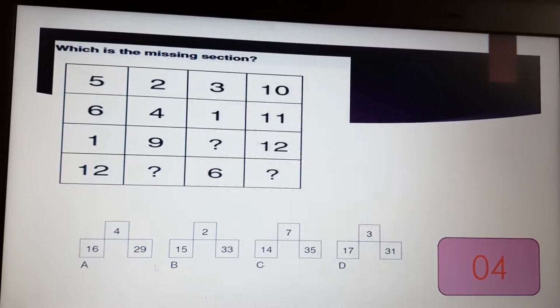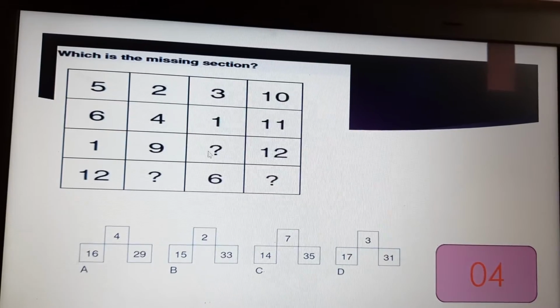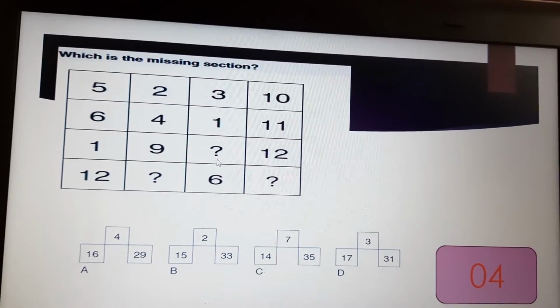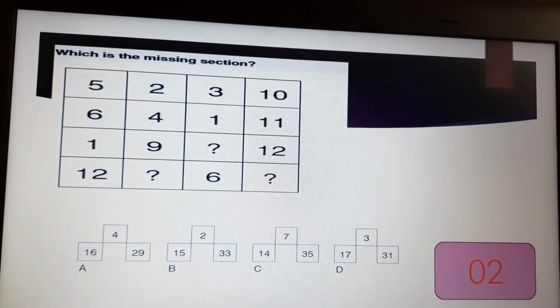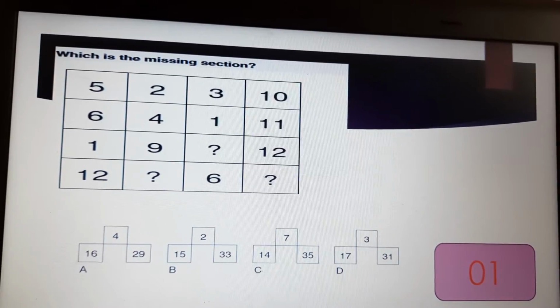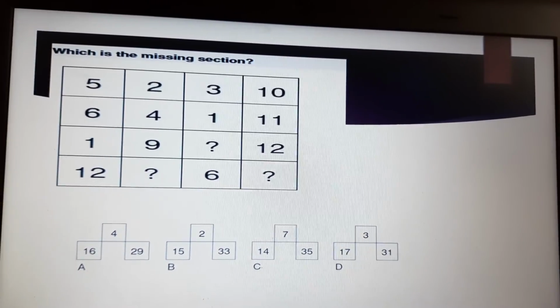Can you guess which option suits? Let's have a timer. Let's see the answer.